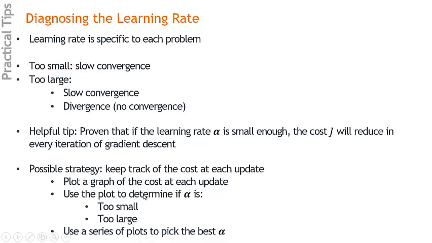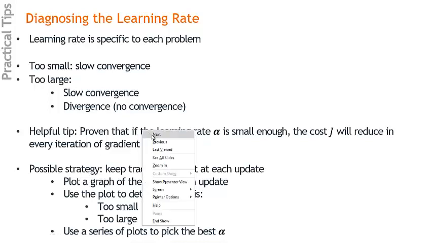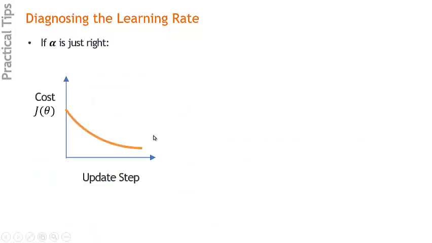So we can see a schematic of that in the next slide. There we go. All right, so here you go. We have a plot of the cost function, J of theta, against update step. So on this axis you'd have 1, 2, 3, 4, 5, because you're plotting the cost function as a function of the iteration number, not as a function of theta.